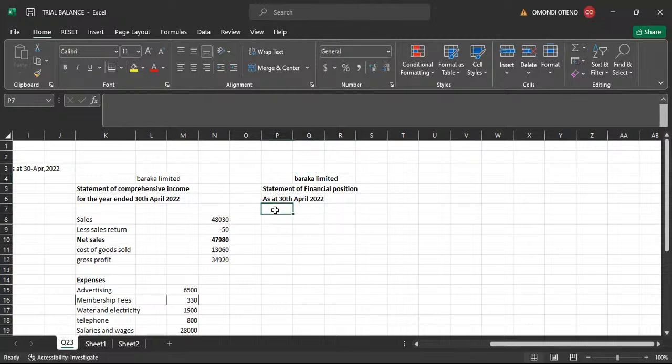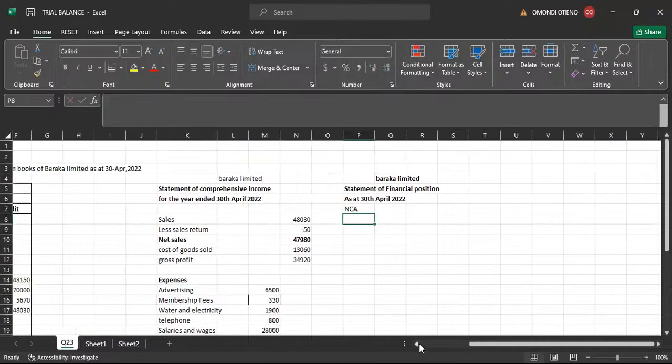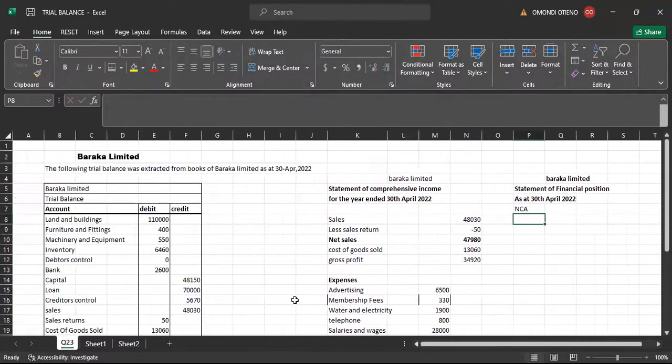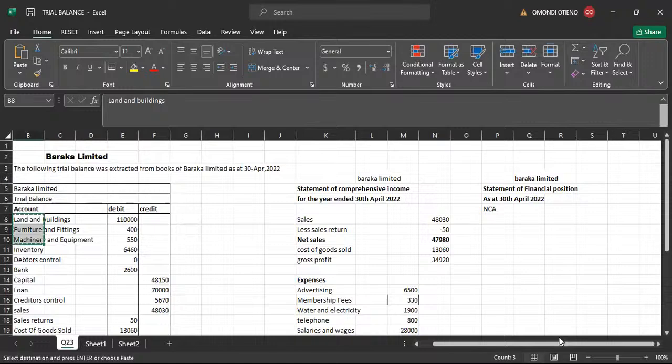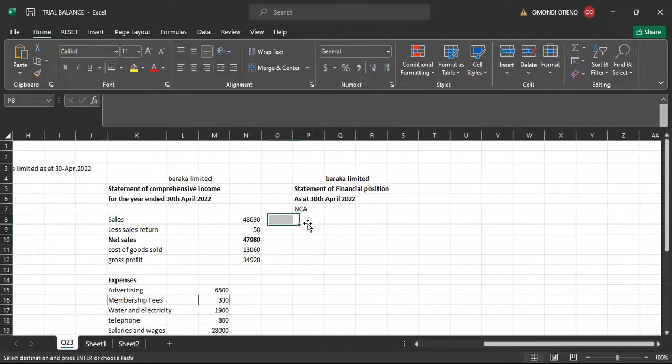we are going to have our non-current assets, which you can call PPE, but for the benefit of everyone, our non-current assets are these 3 items. Those are the ones that I've been able to see. So just come here. That's the advantage of working with Excel. You don't need to write. Just come and copy.